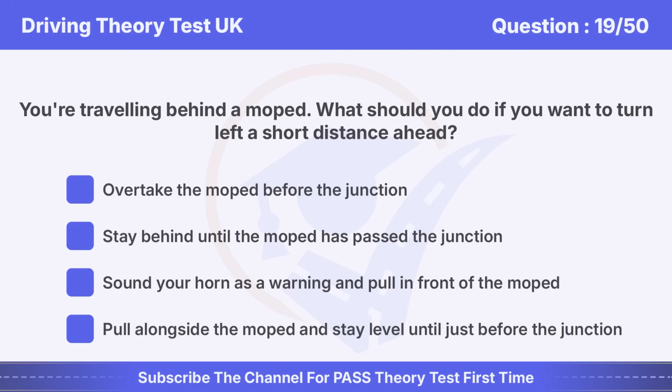Question 19. You're traveling behind a moped. What should you do if you want to turn left a short distance ahead? Answer is B. Stay behind until the moped has passed the junction.